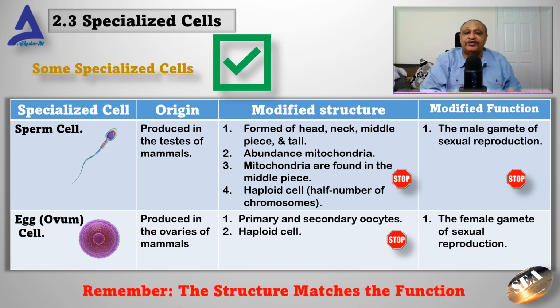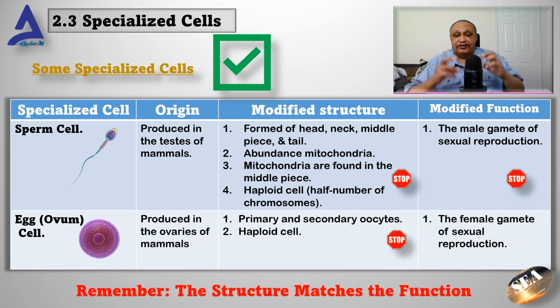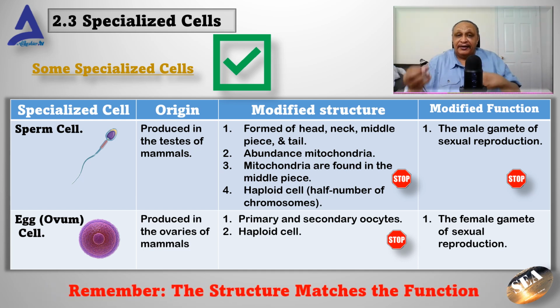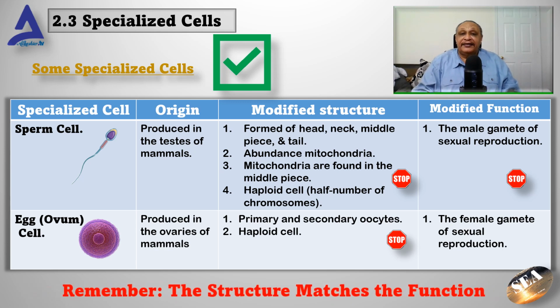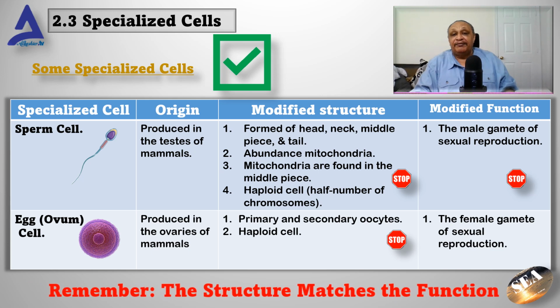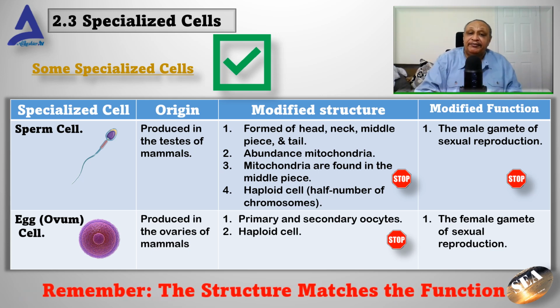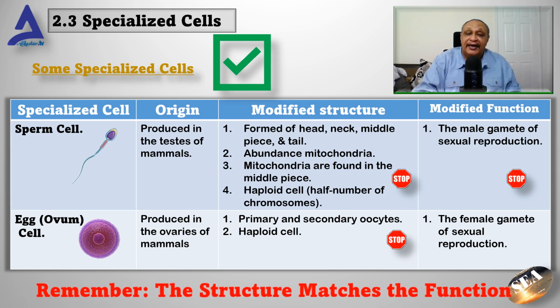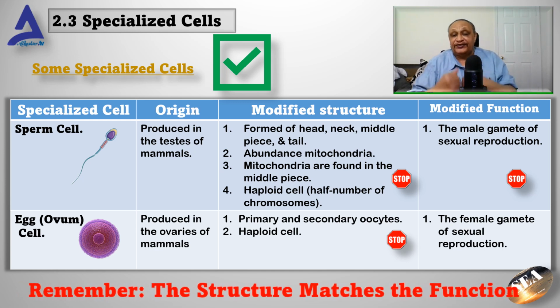It is modified so it has a head, neck, middle piece, and tail. There is an abundance of mitochondria. Mitochondria are found in the middle piece, and it is a haploid cell.